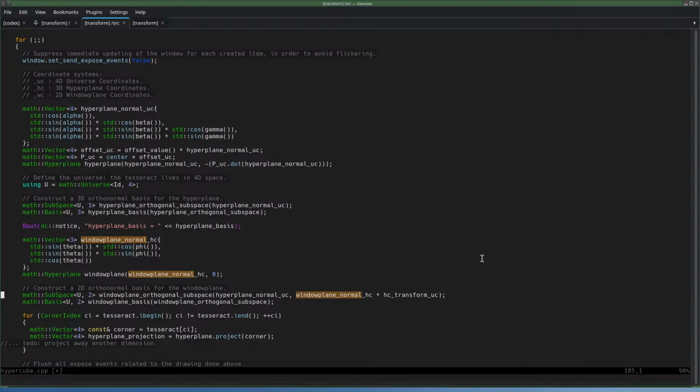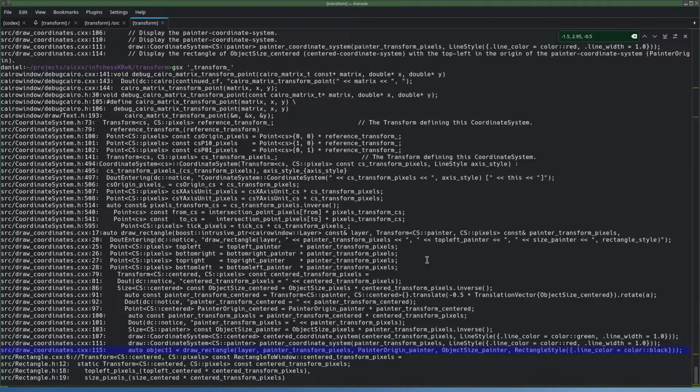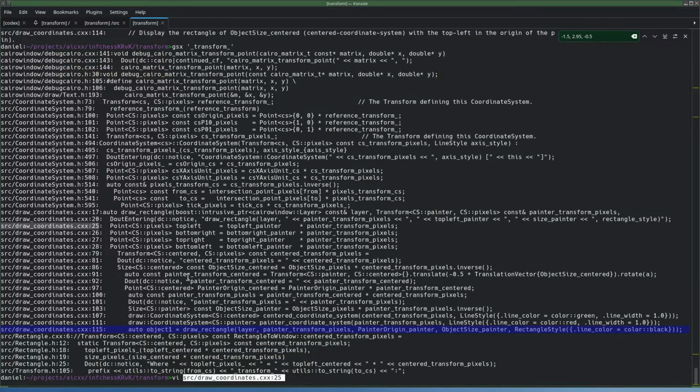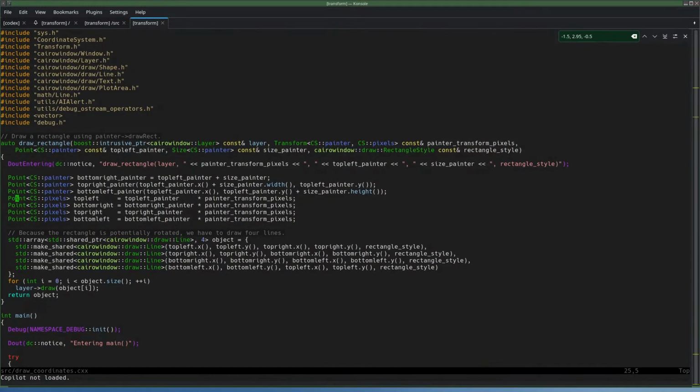But then don't I already have that? These things should be matrices. Oh, they are transform objects. That's why they are called transform, of course.